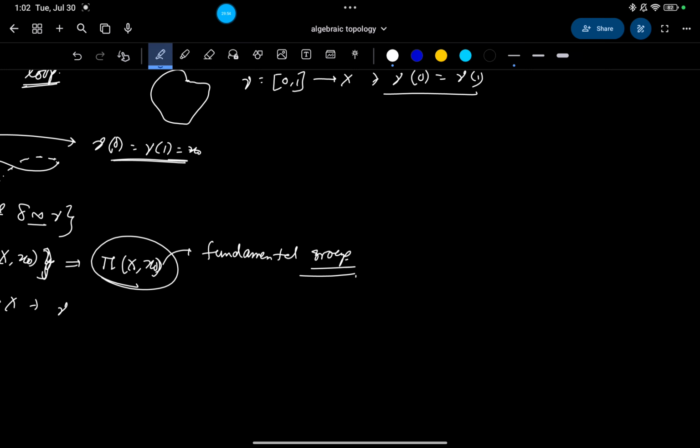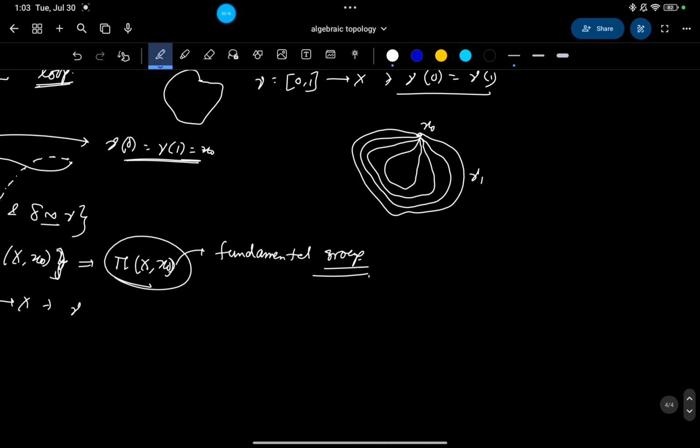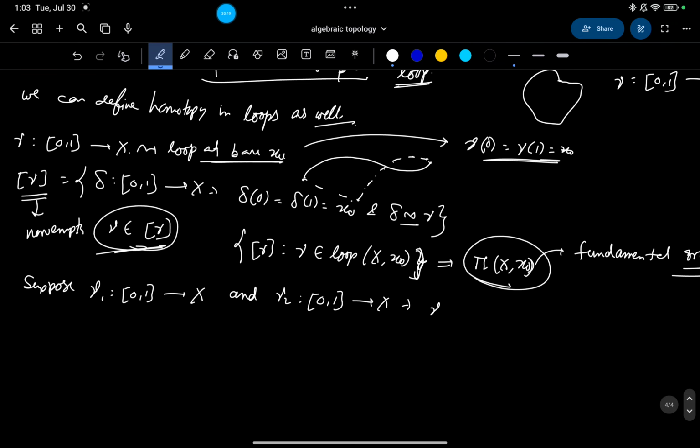If this is my small x naught, then gamma should be like this. This is my gamma 1, this is another gamma 2, another gamma 3, gamma 4, and so on. These are the homotopic classes. I am very sorry for giving you wrong geometric implications. I forgot that the base point should be fixed.